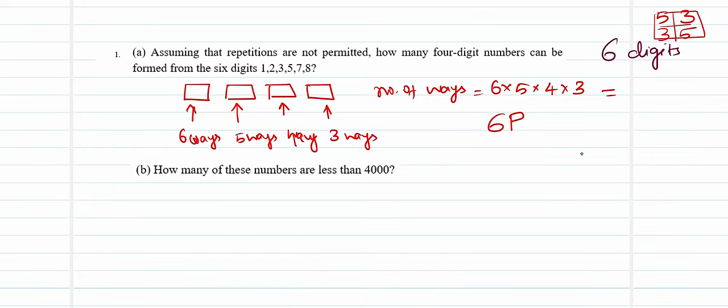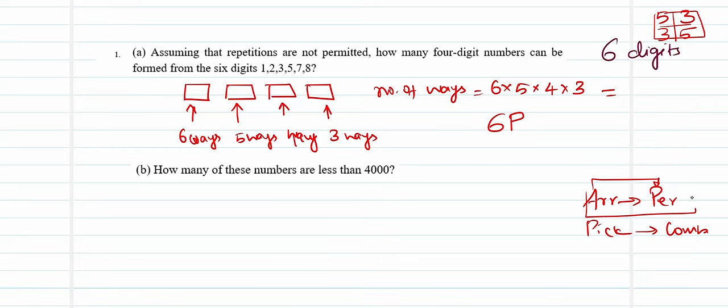So always keep in mind, arrangement means permutation, P, and when you are picking, then it goes with combination. So now we are going to arrange, hence we need to concentrate on permutation. Out of 6 I am going to arrange 4 elements. So it is the same as 6P4, which can be estimated using the calculator as 360. So this is going to be our final answer.